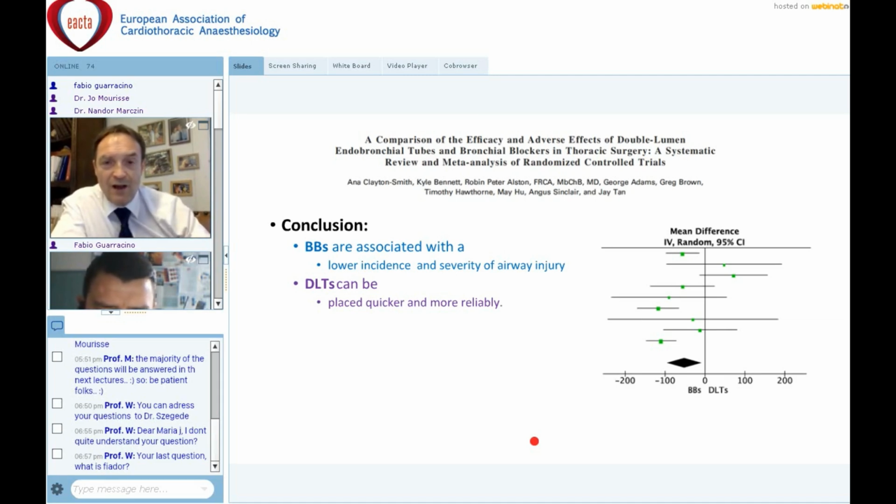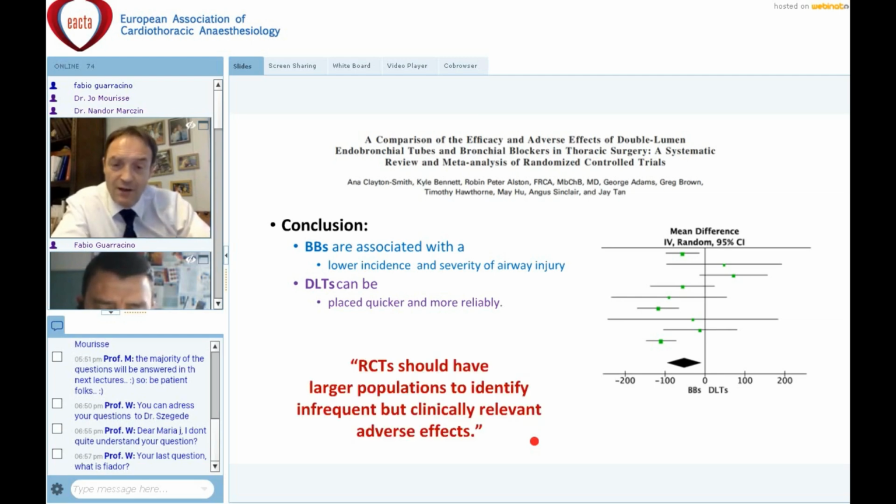However, they highlighted major limitations of these trials and concluded that more studies with larger populations, perhaps focusing on relevant clinical adverse events such as overall pulmonary complications, are needed when we compare these airway devices. And with these thoughts, I thank you for your attention.